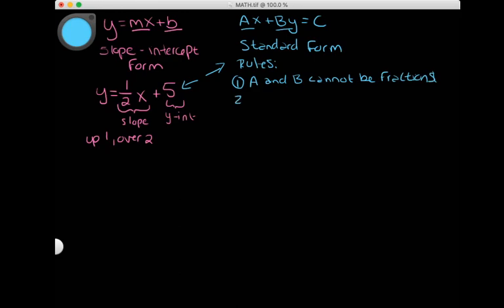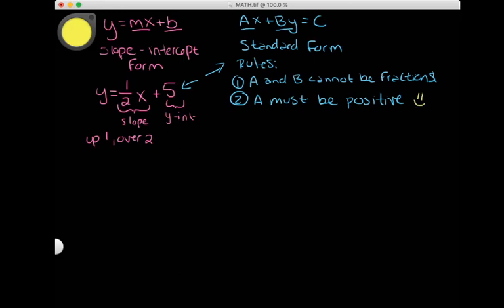The second rule is that a must be positive. So just like Mrs. LaJoy, a is happy, so it's positive.